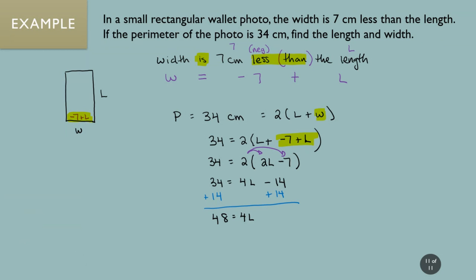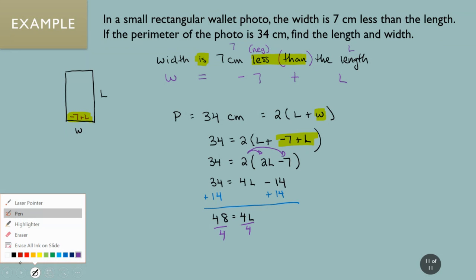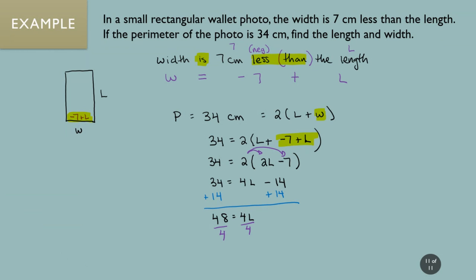Now, I need to get rid of the 4 because I'm solving for L, so I'm going to divide both sides by 4. And 48 divided by 4, I believe, is 12.